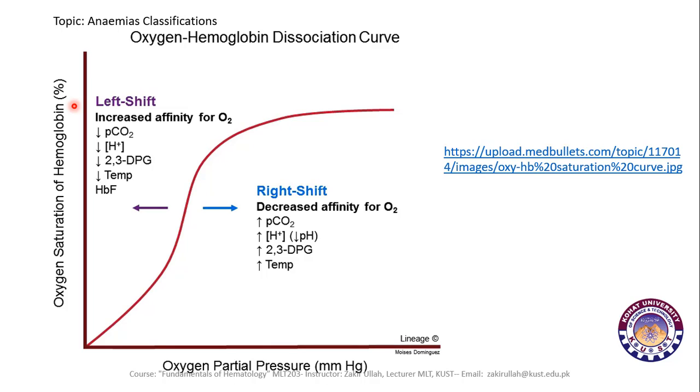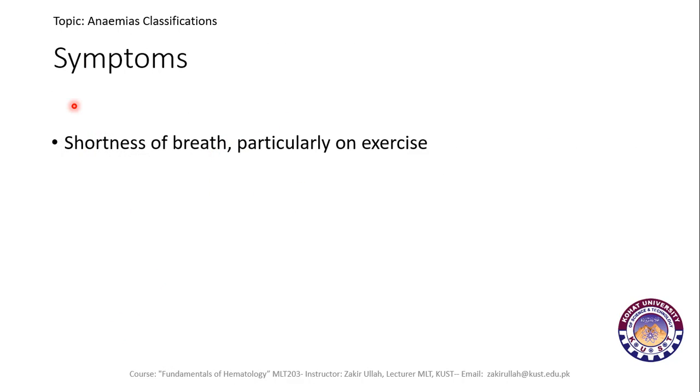So these four factors have an effect on the signs and symptoms of the patient. The symptoms include shortness of breath, especially during physical exercise. When an anemic person does any physical exercise, his tissues need more oxygen and more energy for cellular respiration.